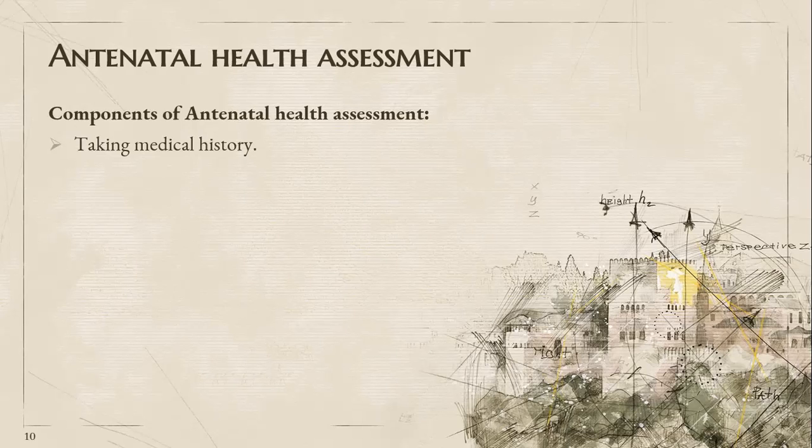Next, obstetrical history, like any previous pregnancy, at what date she got delivery, and any post delivery experience.